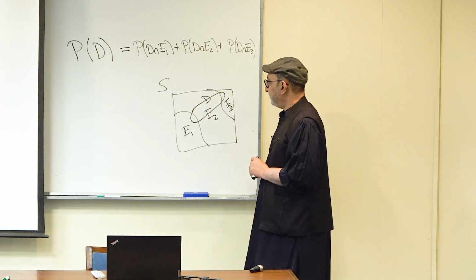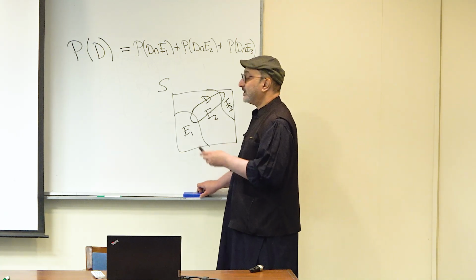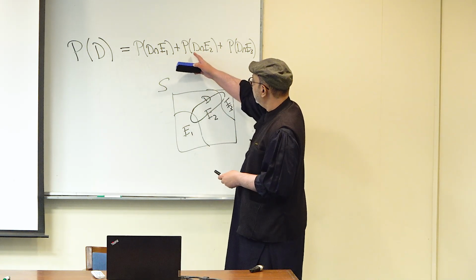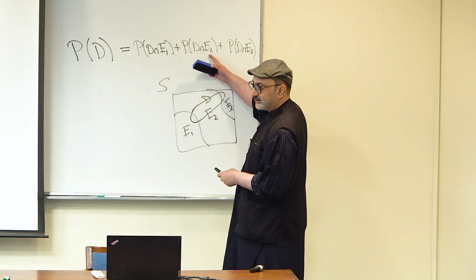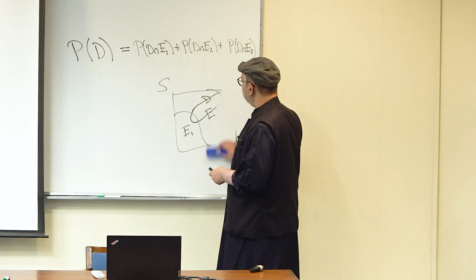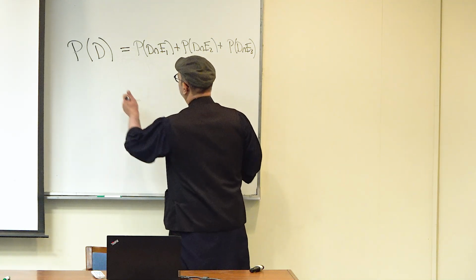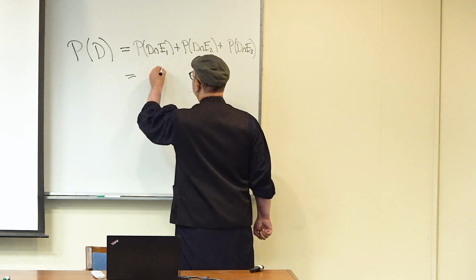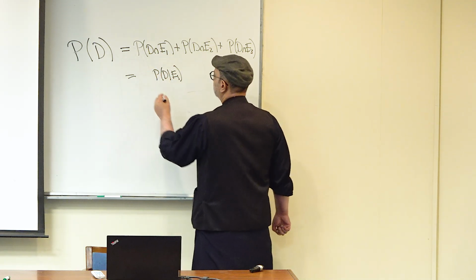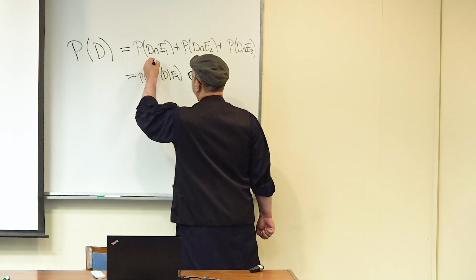Okay, what have I been given? I've been given the probability of D given E1. Probability of D given E2 is there. Probability of D given E3 is there. So I rewrite this as probability of D given E1 times the probability of E1 by the multiplicative rule.